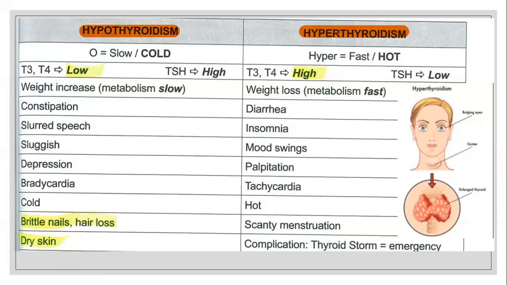Because of the body's compensatory mechanism. Weight increases because metabolism is slow. Constipation, difficulty swallowing, depression, bradycardia, whereas here it is tachycardia. Hypothyroidism is cold, but hyper is hot. Brittle nails, hair loss, and dry skin.